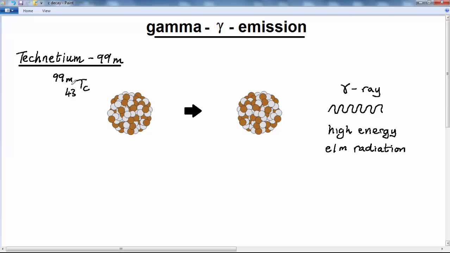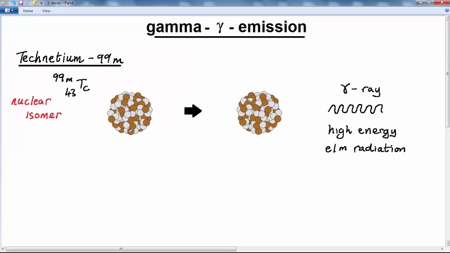So what does this 99m refer to here? Well, this refers to what we call an isomer of technetium. That's to say, isomers are nuclei that have exactly the same number of neutrons and the same number of protons. So in that sense they are identical, but they have different energy states due to different configurations or arrangements of the protons and neutrons in that nucleus.